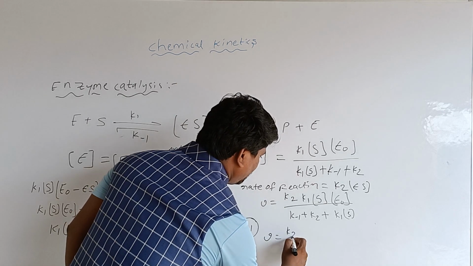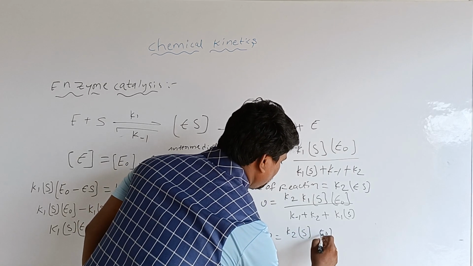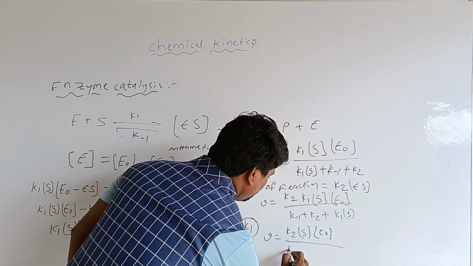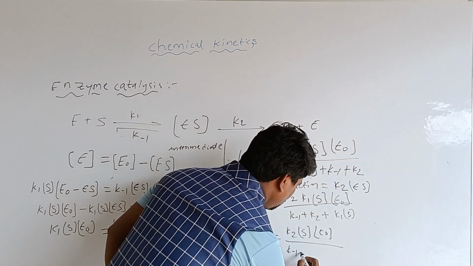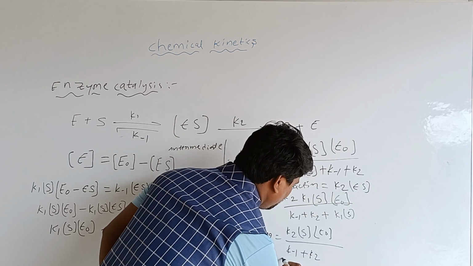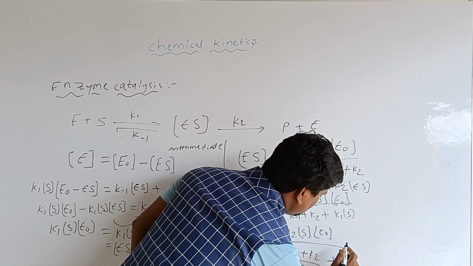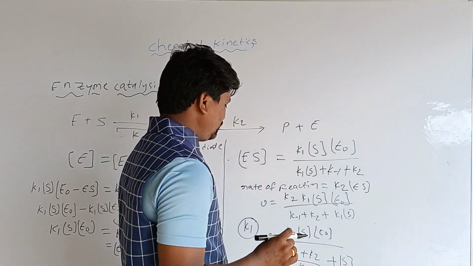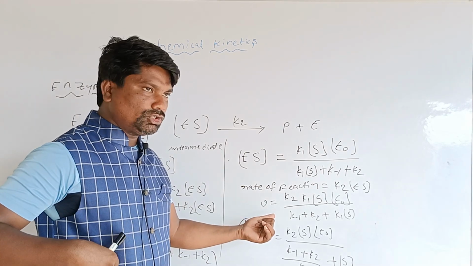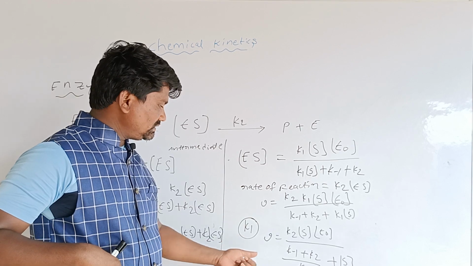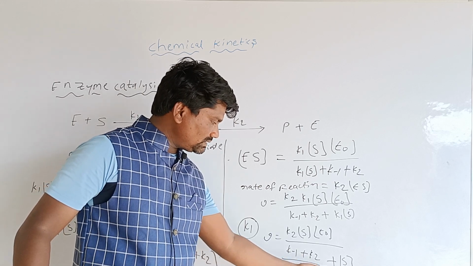K1 cancels. Then the reaction is K2 into substrate into E naught by K inverse plus K2 by K1 plus substrate.